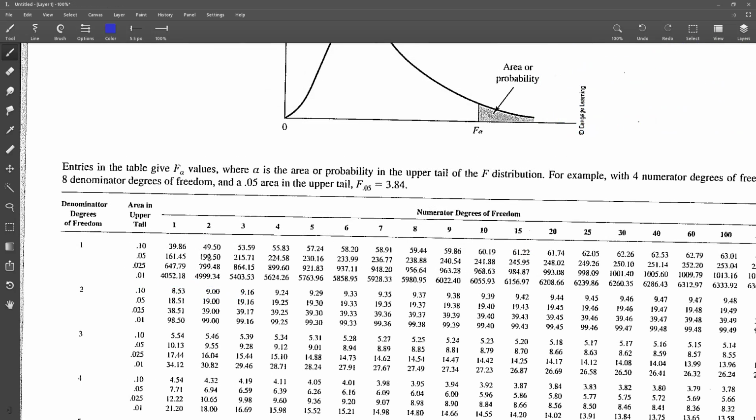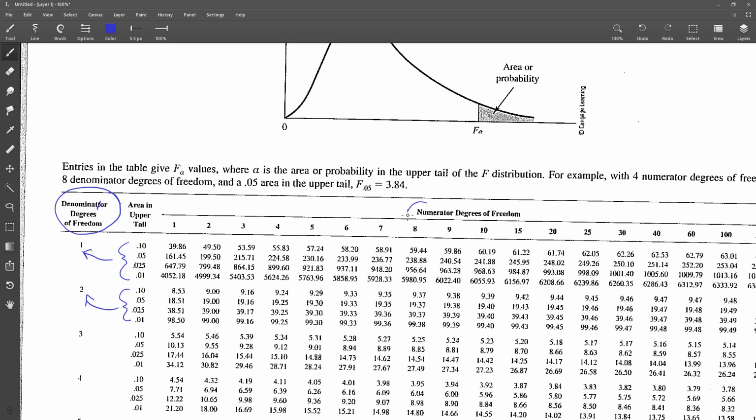The F table makes you combine information about df1, df2, and alpha in order to find the upper tail critical value. Denominator degrees of freedom are given in this first column. So this set of 4 rows is for 1 denominator degree of freedom. This set of 4 rows is for 2 denominator degrees of freedom.